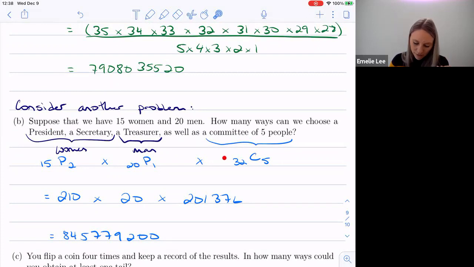And then the committee of 5 people, you'd have 5 slots, going from 32 to 31 to 30 to 29, 28. I think that's good. You'd end up at the same place, but sometimes I find it's a little bit clearer to use permutations and combinations, but you can use slots for all of these. You have to be a little bit careful: how many do you have to choose from?